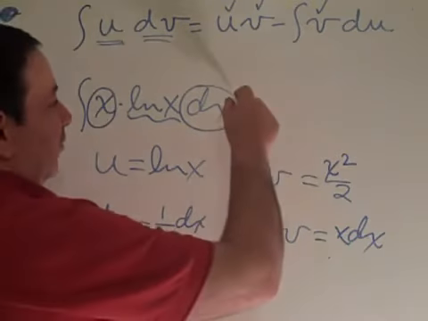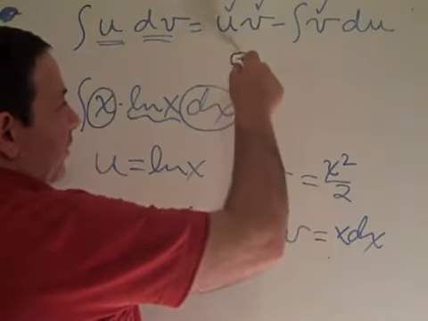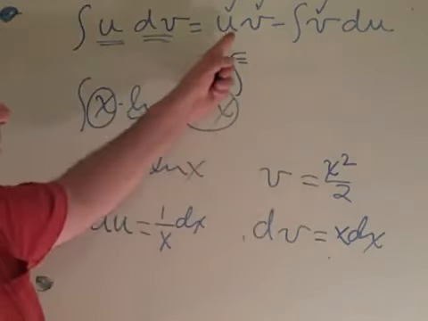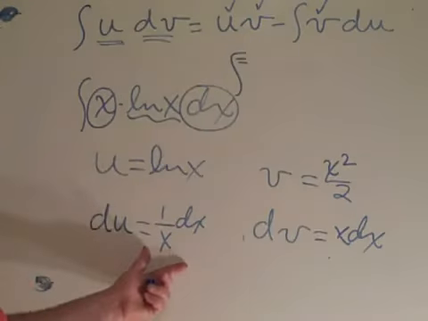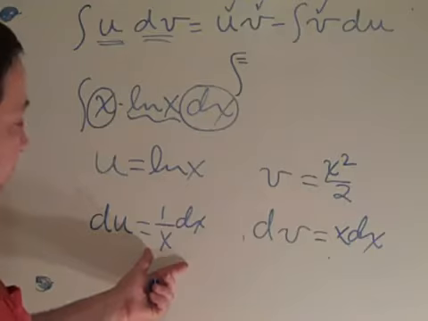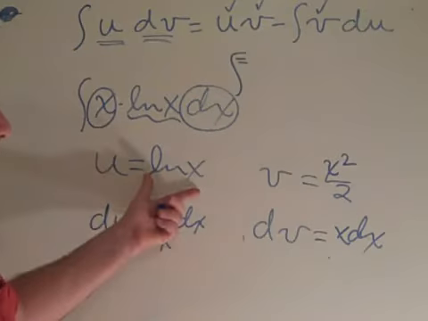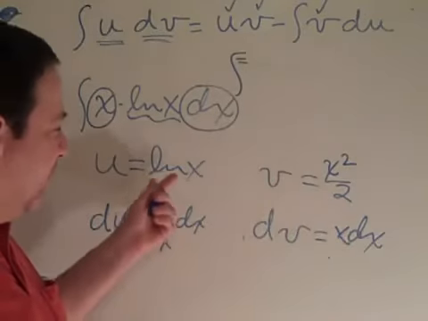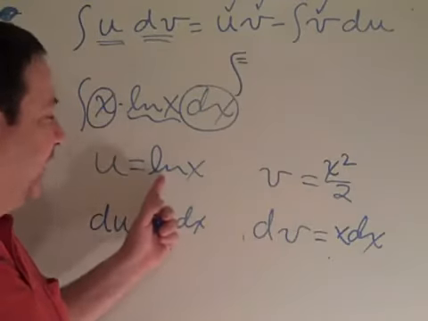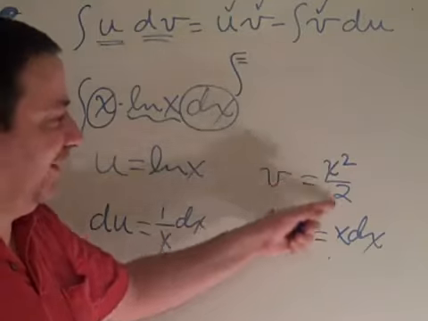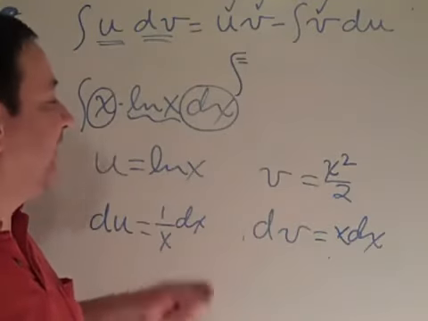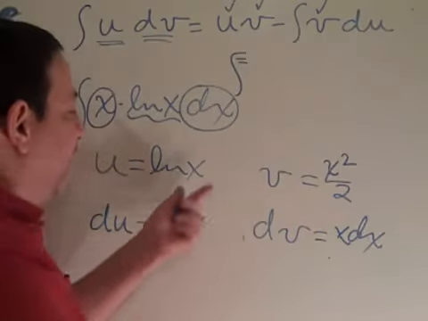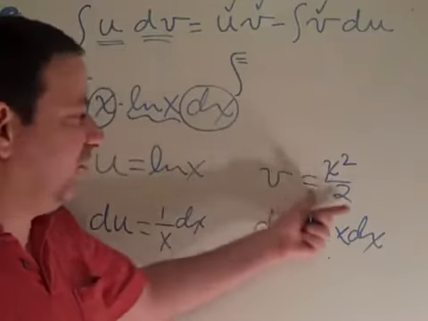Okay, due to lack of space, I'm going to continue up here. You get u times v, dx over x, ln of x times x squared over 2. Now, if you write ln of x, if you write ln and then x squared over 2, somebody might think you're taking ln of the product of these two.